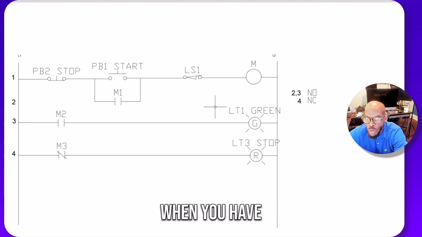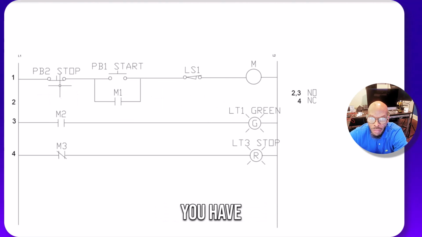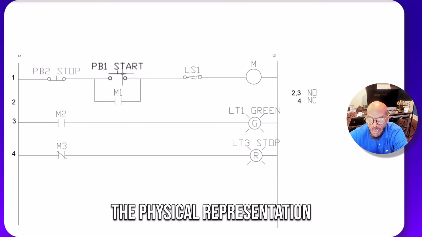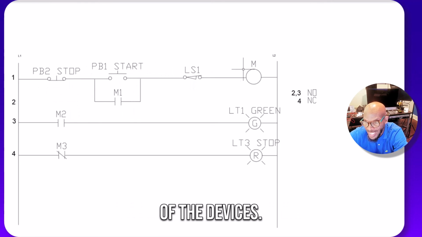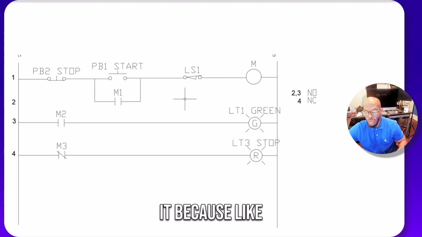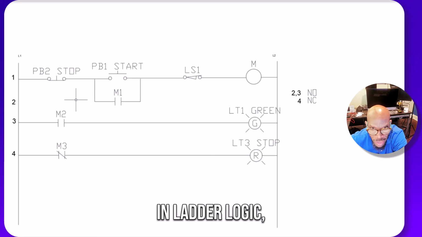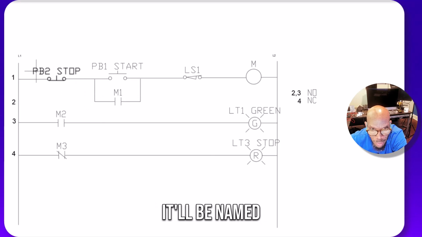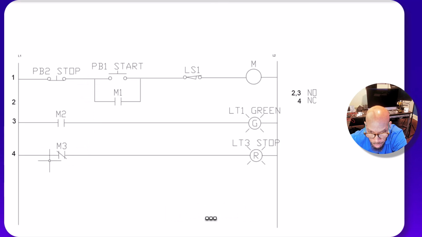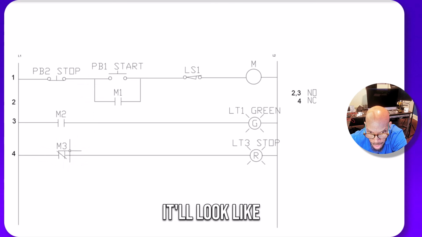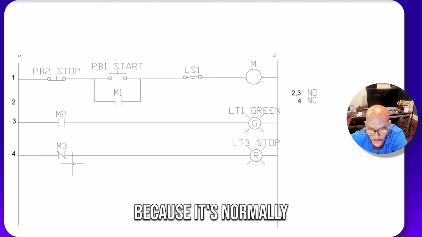And just remember, when you have control circuits, normally you have the contacts as well as the physical representation of the devices. In ladder logic, it's going to be different. Like in ladder logic, this stop button will be named PB2 stop, but it'll look like this contact because it's normally closed.